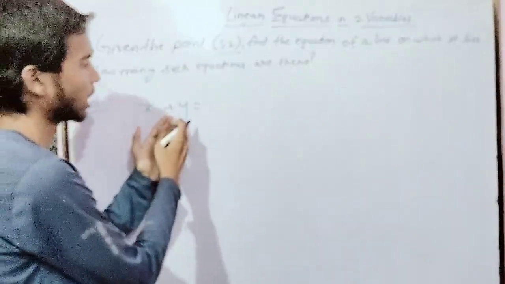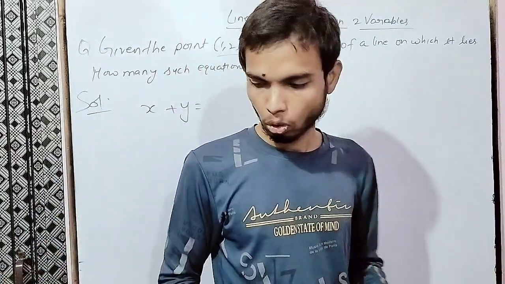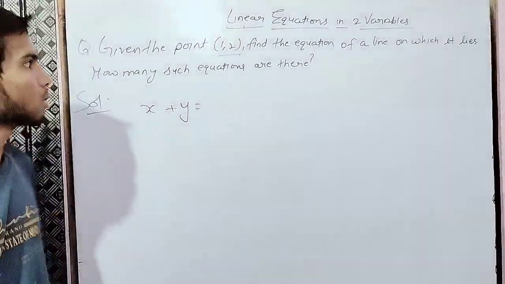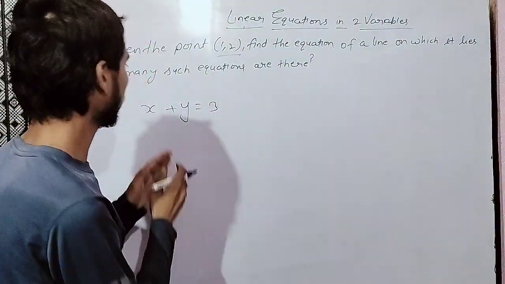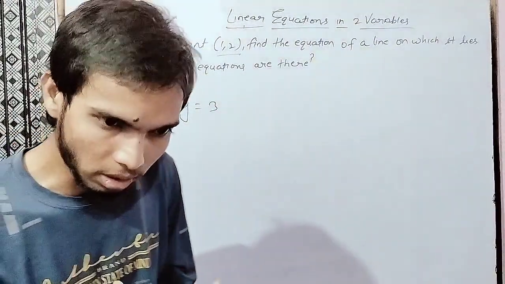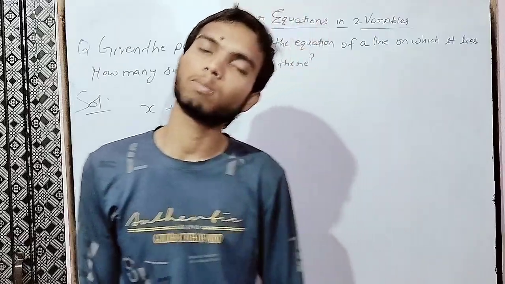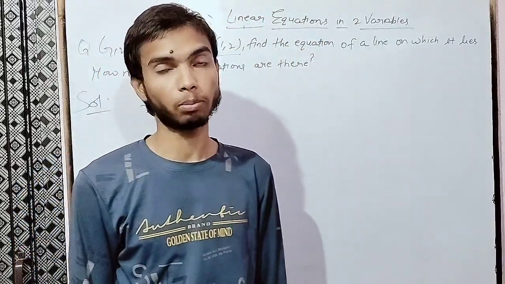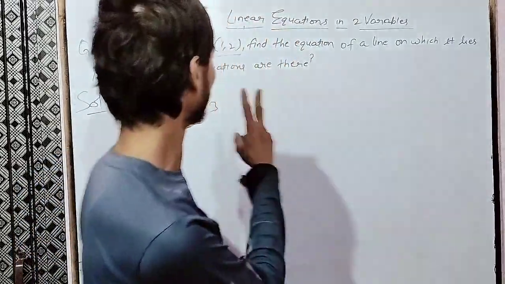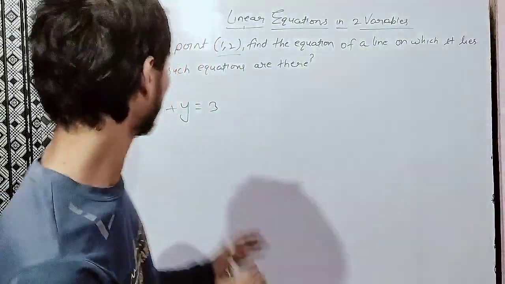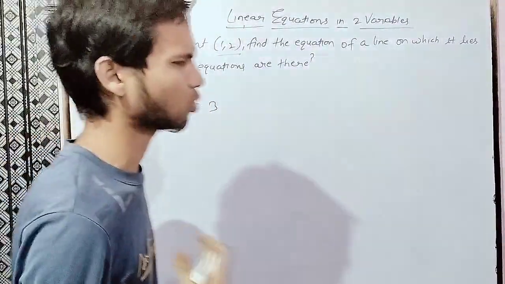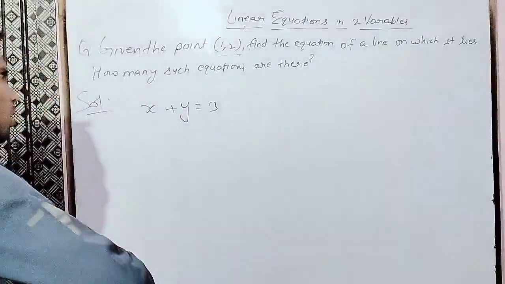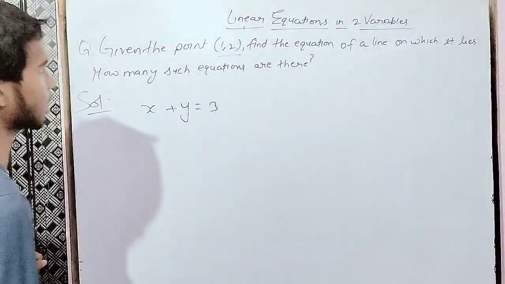When x is 1 and y is 2, then of course it will become 3. When 1 is put in place of x and 2 in place of y, it will become 3. Again, I would say there are a lot of equations like that.